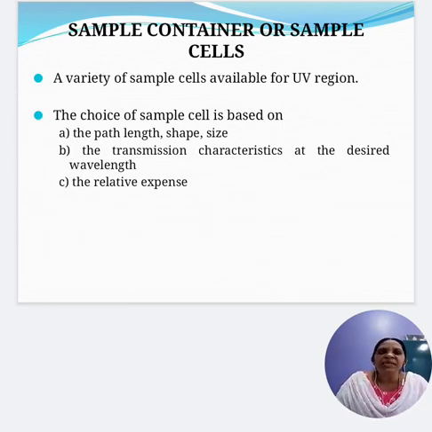The choice of the sample cell depends on the path length, shape and size. The transmission characteristics at the desired wavelength are also an important factor. These sample cells are relatively expensive.